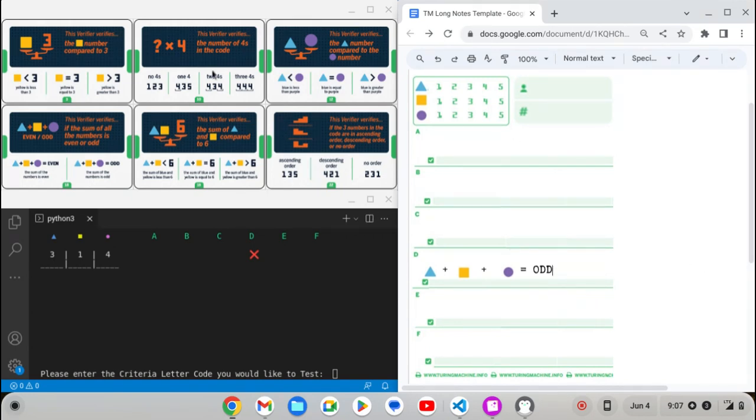We do have this criteria card that will let us know if we have a 4, but that means that I'd have to have two of them. Well, if I have one of them, that's an interesting point. If I do have a 4, then I know that there has to be another even.